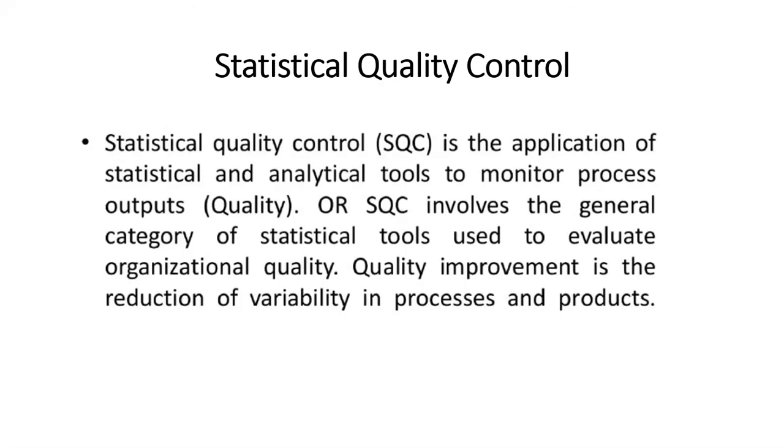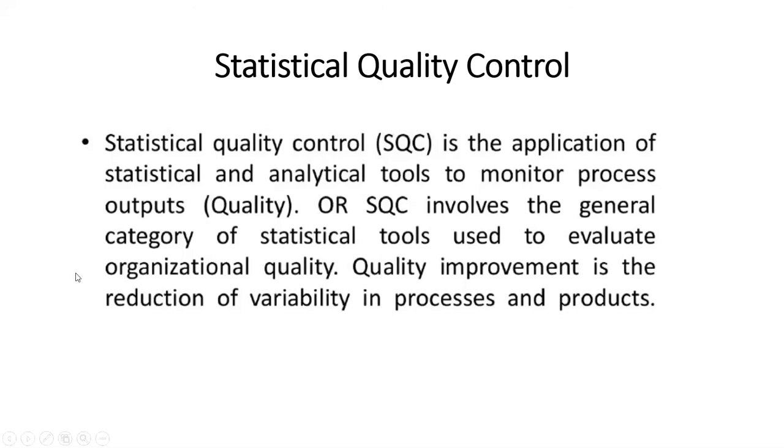Here statistical quality control is just a measure where we are using statistical techniques, either descriptive or acceptance sampling, to monitor and evaluate the quality of the overall organization. Quality improvement is the reduction of the variables in the process of production.